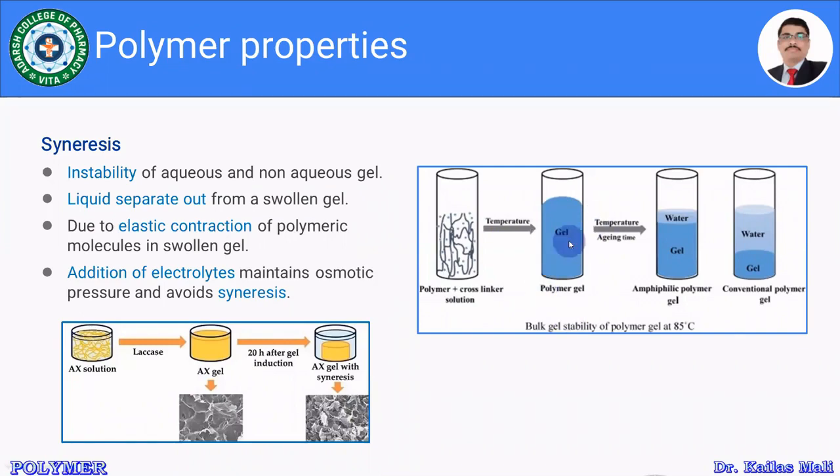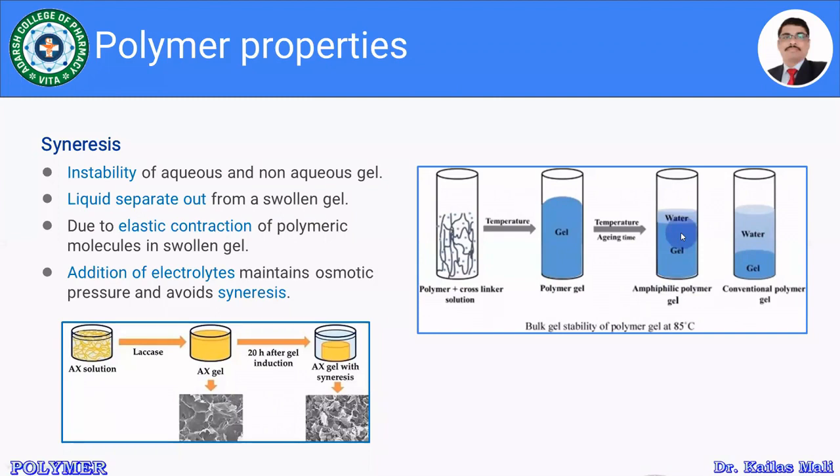On aging, in the conventional polymer gel there is a separation of a huge amount of water from the gel matrix, and in the case of cross-linked or amphiphilic polymeric gel, only a little amount of water gets separated.